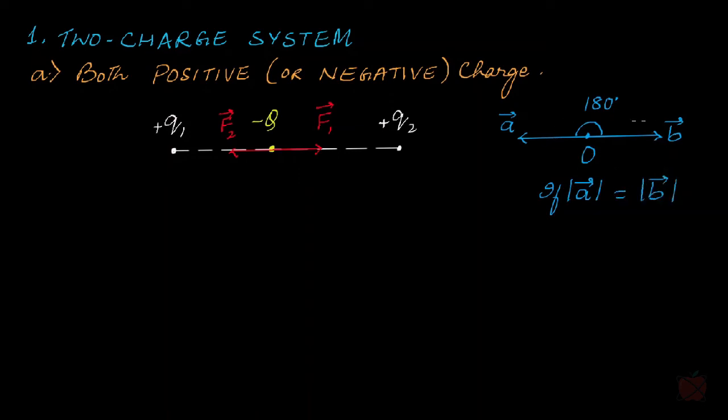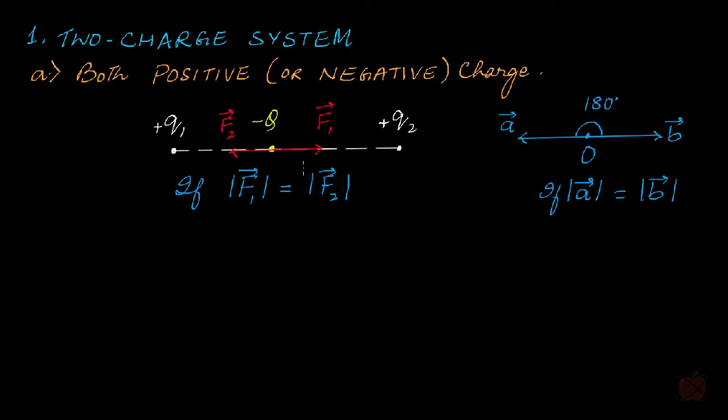We say that the two vectors balance each other, right? So this point O will not move. Understand? So we want this charge to not move, and that can happen only if the magnitude of F1 is equal to the magnitude of F2.